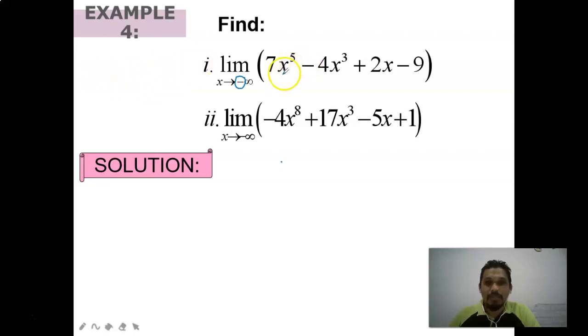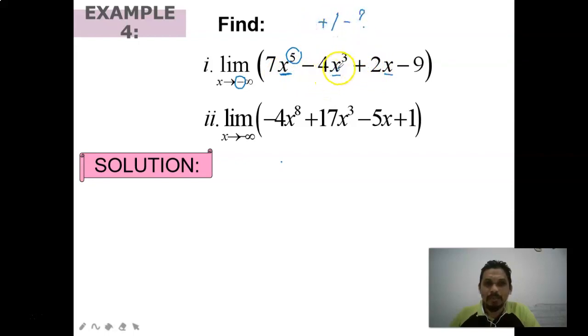So from this question, let's look at the x with the highest degree, which is to the power of 5. This determines the whole function, whether it gives us a positive or negative value.